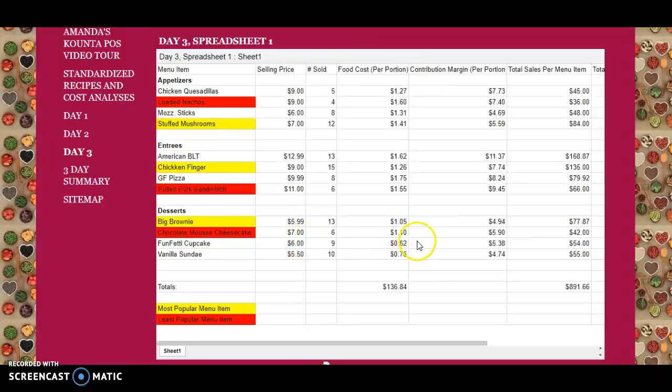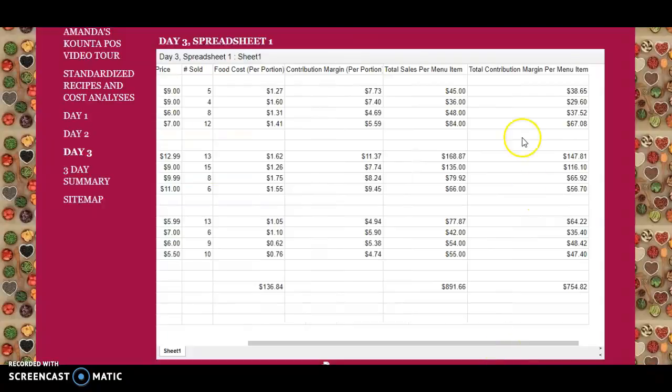So $7 minus the $1.10 is $5.90. If you scroll over a little more, you'll see total sales per menu item, and that's $42 for this one. So that would be the selling price times the number sold. So 7 times 6, that's how you get the $42.